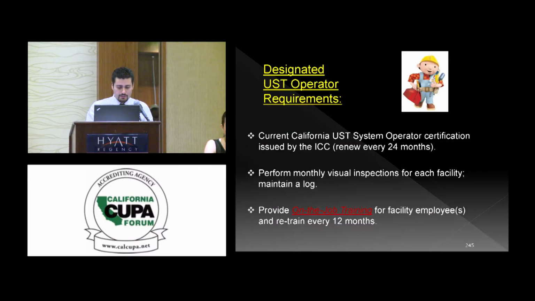So when we talk about designated operator requirements, it boils down to two responsibilities here. The first one is to perform the monthly visual inspections for each facility and maintain a log for that. Essentially, this ensures that all alarms are addressed and properly documented. So if a system goes into alarm, we need to know, number one, why that component went into alarm and what was done to remediate that issue.